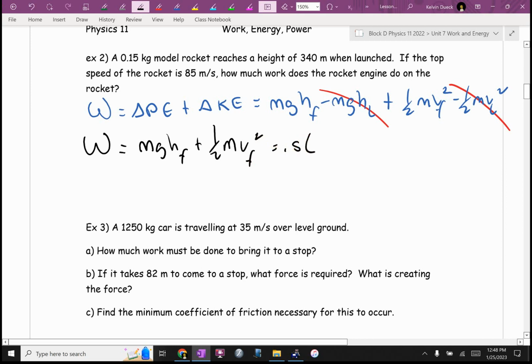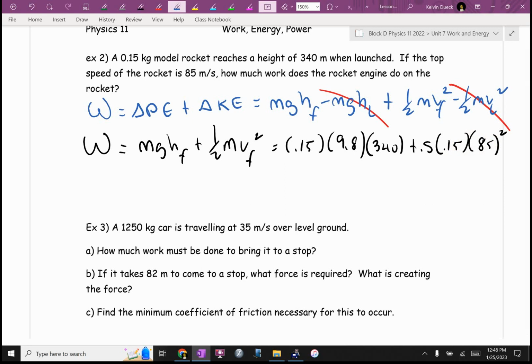It's going to be 0.5 times, no, not 0.5, Mr. Duke, 0.15 times 9.8 times 340 plus 0.5 times 0.15 times 85. Don't forget the squared. You should be able to type that in one line and hit equals.